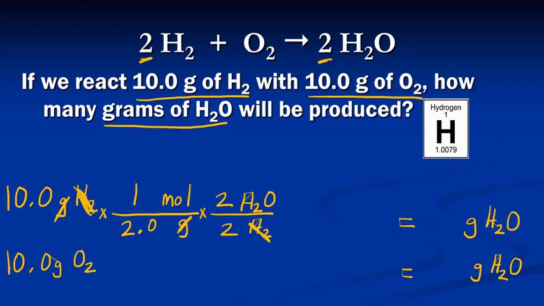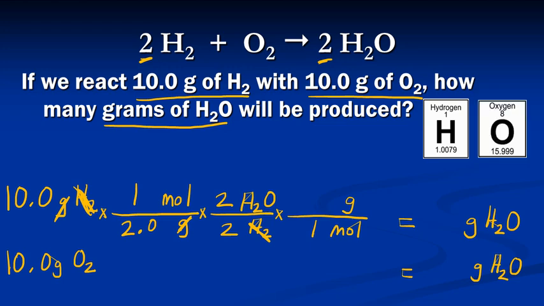We now have moles of water, and we want to be in grams of water. So we have to do step 3 this time, which is convert to final unit. And our final unit is grams. So grams on top, 1 mole on bottom. And how many moles, or rather how many grams are in a mole of water? We have to use the atomic masses. 1 plus 1 plus 16 is very close to 18 grams.